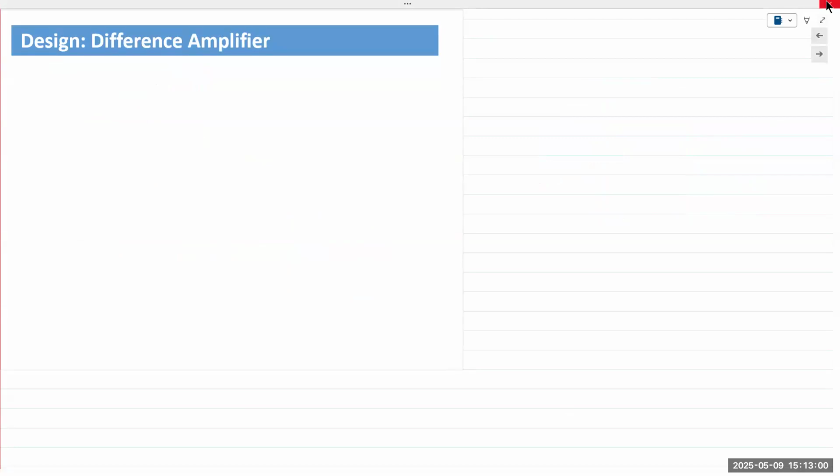Okay, for a difference amplifier, let's say you're designing for a gain of 8.